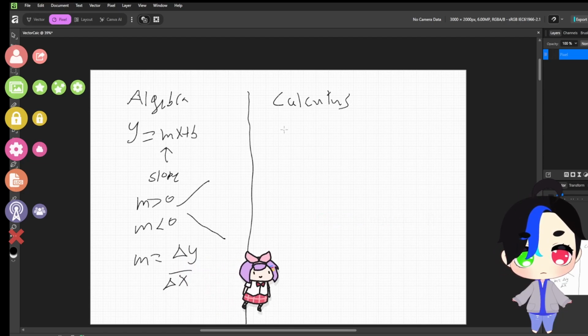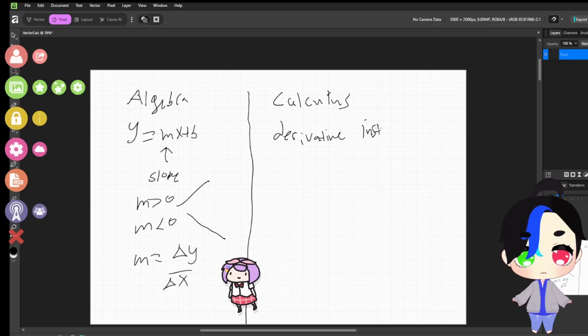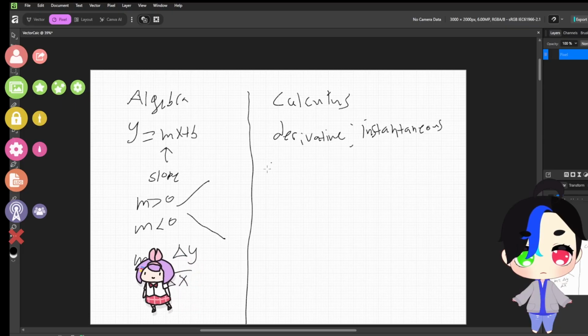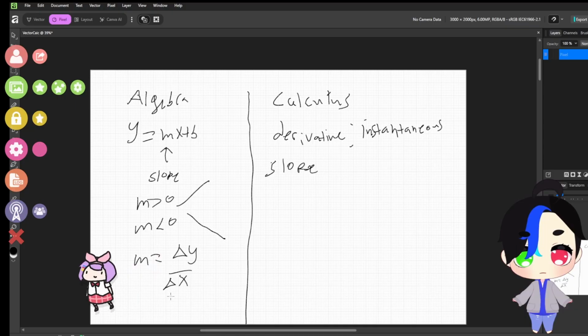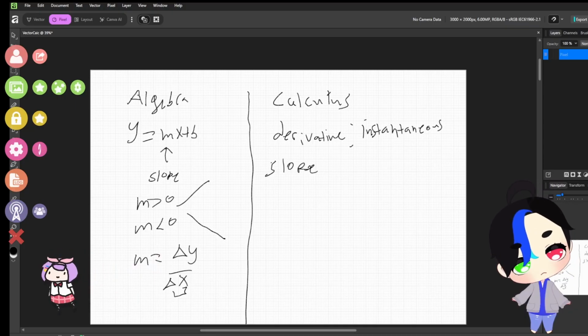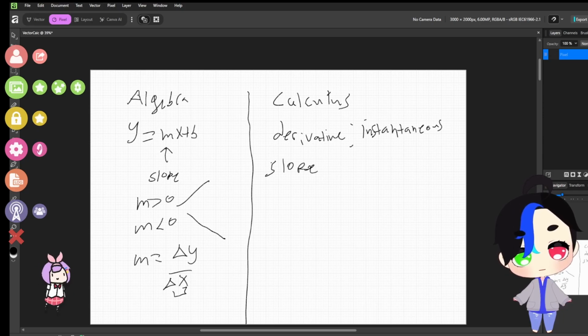So a derivative is the instantaneous slope. So instead of looking at the average slope between 2 points, you care about the slope at a specific x value.